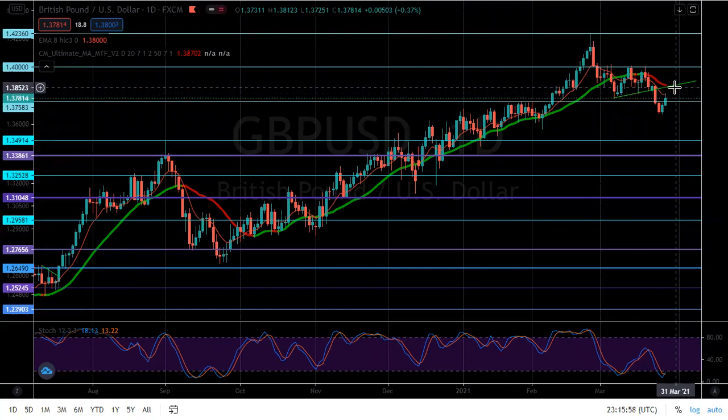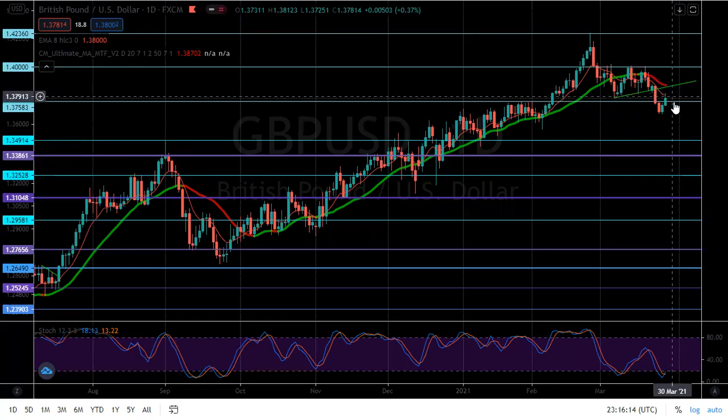We might likely retest this broken trend line here, and that would be around the 1.3850 area. But we'll test that and continue bearish. Our bias will change if we have a close above the 1.3864, which is the high of this candle here.